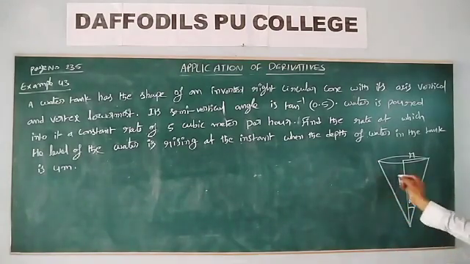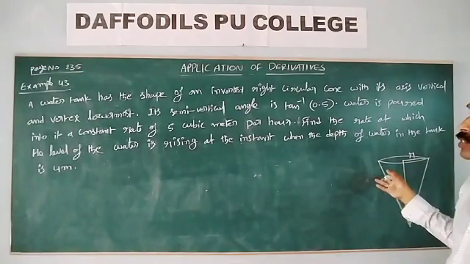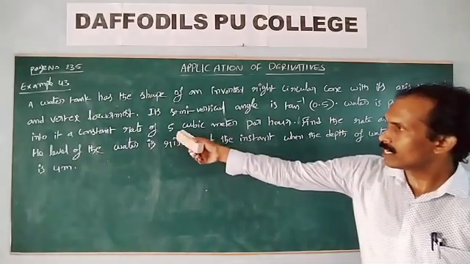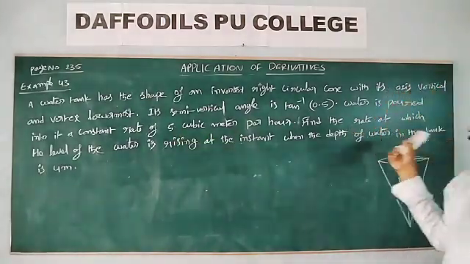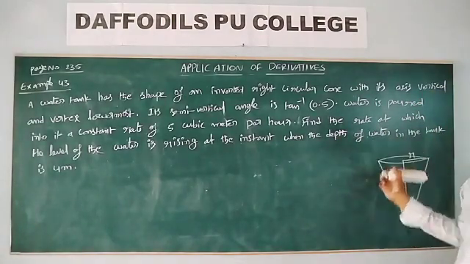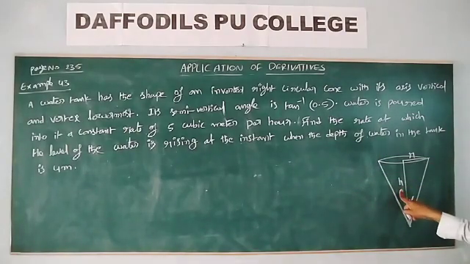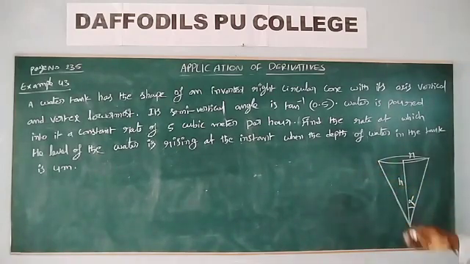Suppose water is pouring at the rate of dV by dt, 5 meter cube per hour. So find the increasing depth of the water level. Let the height of the water be h, so the rising height is dh by dt with respect to time.